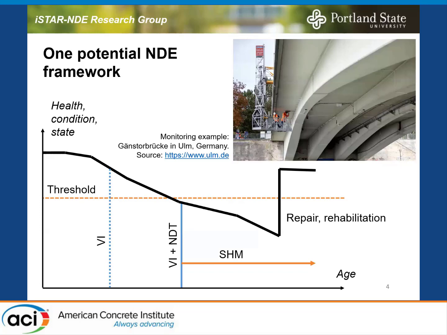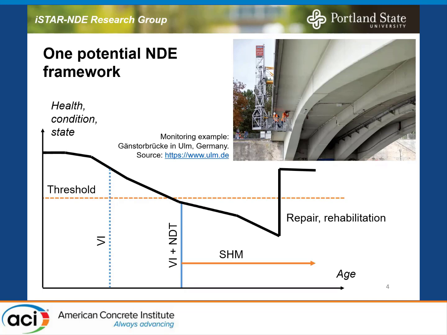As an example, this has gained some traction in Germany. This is the Genstorbrücke in Ulm, a post-tensioned bridge that has problems, and they have installed acoustic emission sensors to detect the wire breaks. That's a very good example where you could go in first with NDT, characterize what the damage might be and how many wires you might have left, then install an acoustic emission monitoring system.